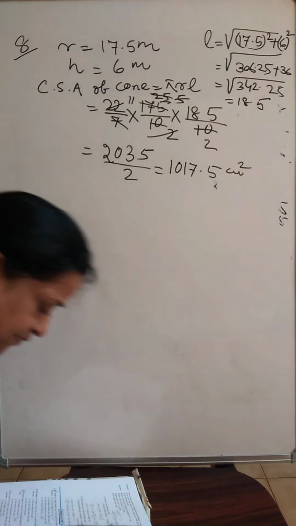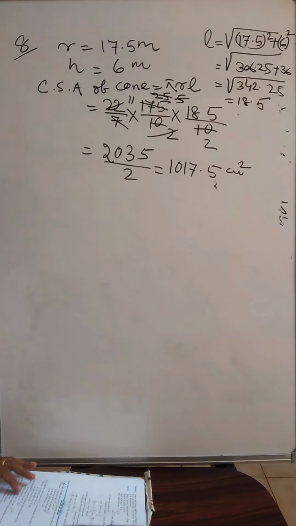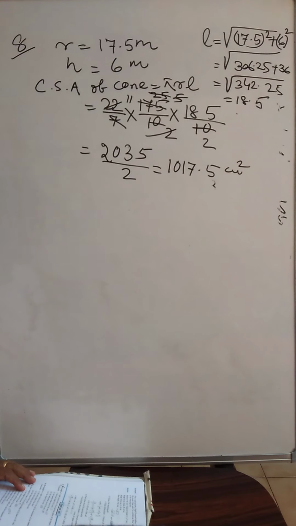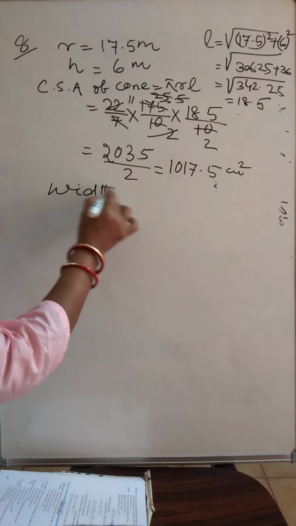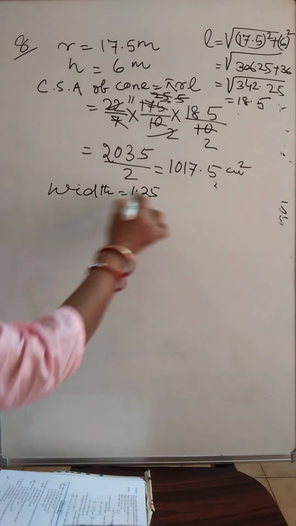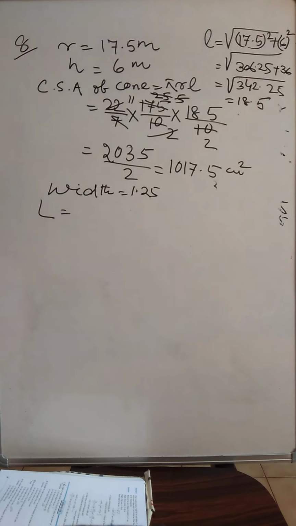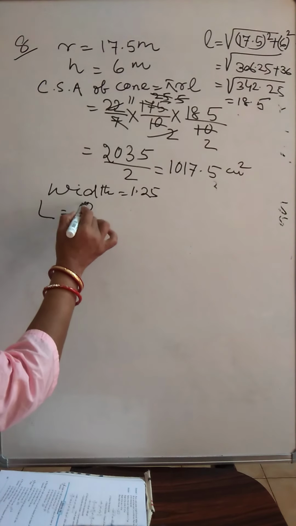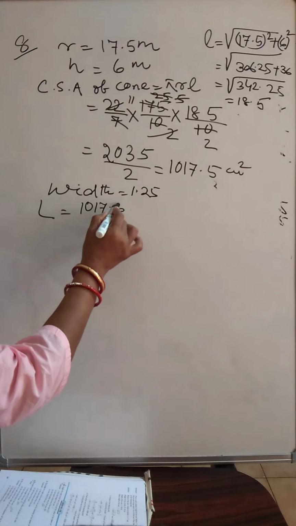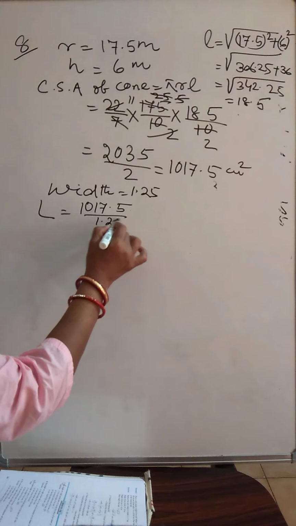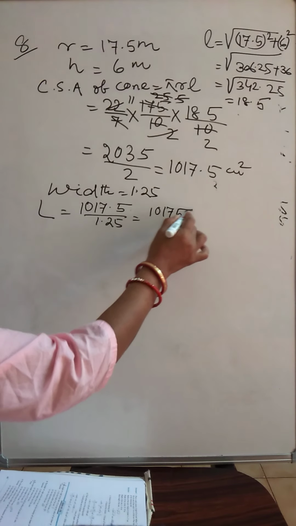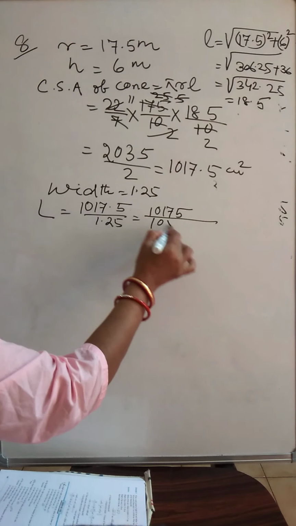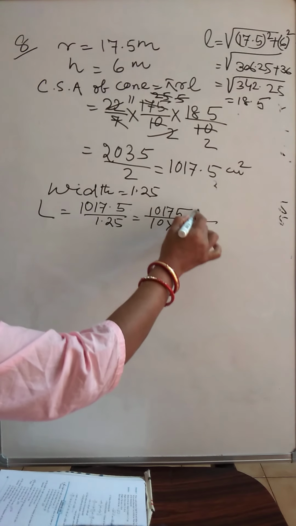Then it is giving the width of the canvas is 1.25. What is the length of the canvas? 1017.5 by 1.25. That is 10175 by 10, 125 by 100.